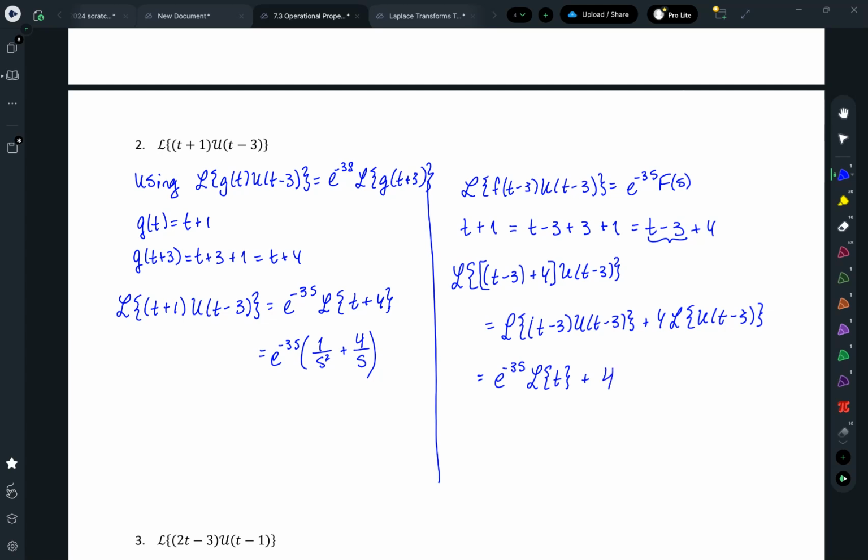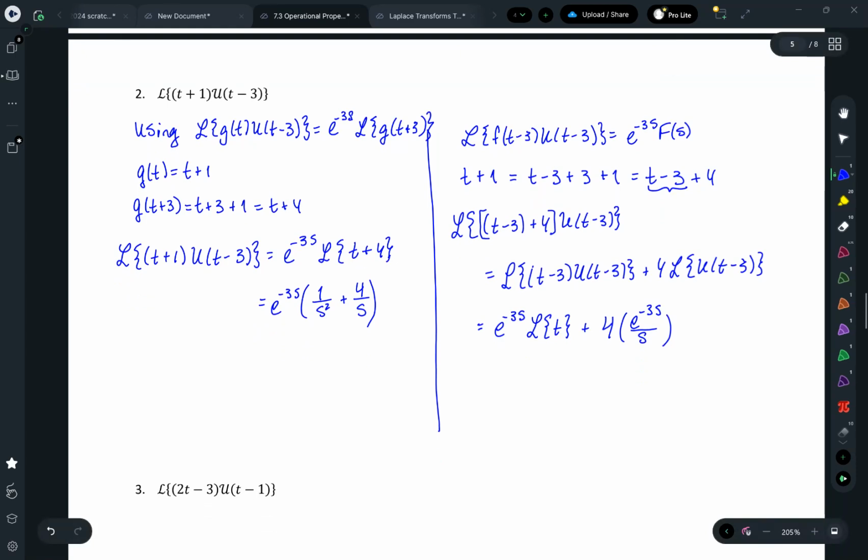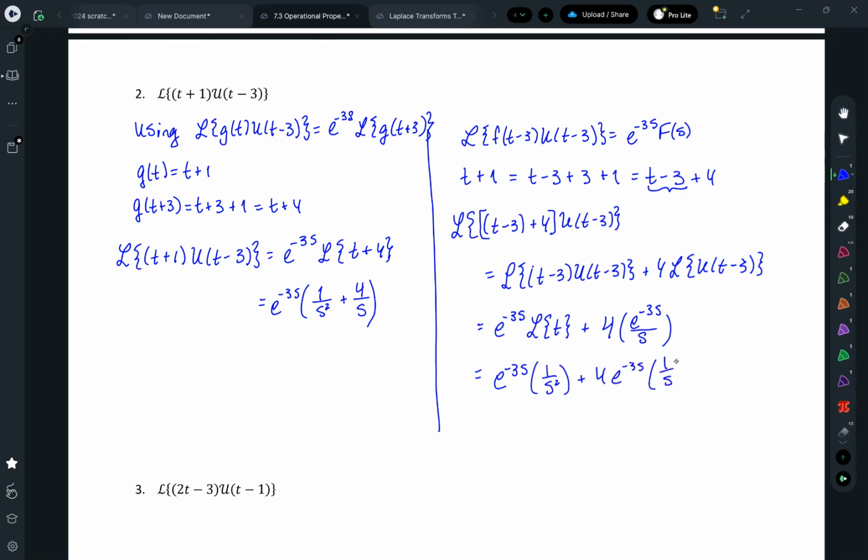Plus 4 times, when we deal with the Laplace of u of t minus 3, that's going to give us e to the minus 3s over s. And that's from the table from before. Now we take the Laplace of t, which is 1 over s squared, and we get e to the minus 3s times 1 over s squared, and then plus the 4e to the minus 3s times 1 over s. And of course, we can rewrite that so it resembles the previous way we did it, to be e to the minus 3s times 1 over s squared plus 4 over s.